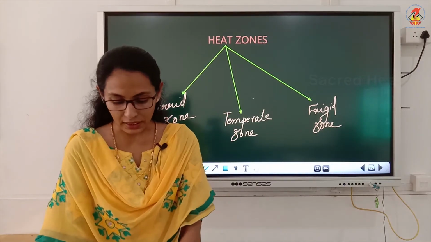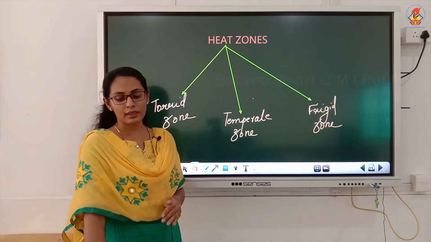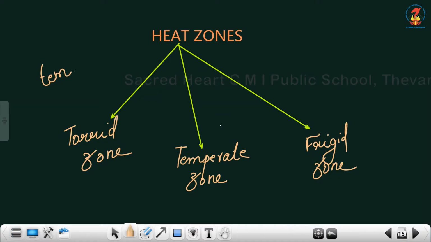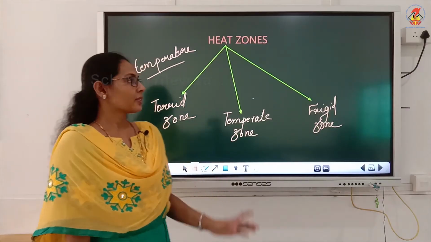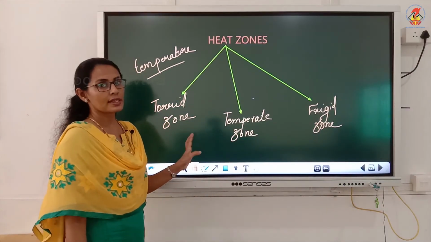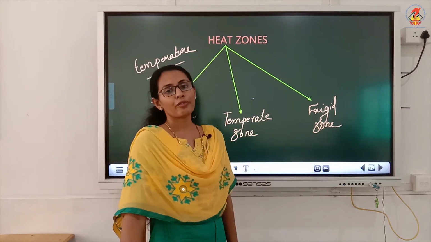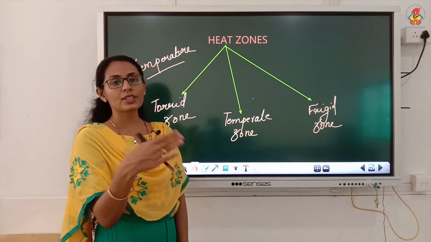We divided the earth into 3 main heat zones on the basis of the temperature differences. First is the torrid zone, second the temperate zone, third the frigid zone. Okay children, now we are going to study each zone.